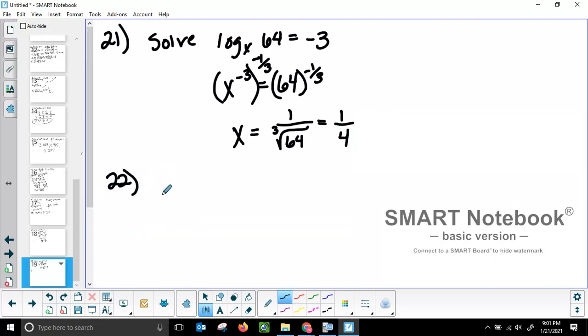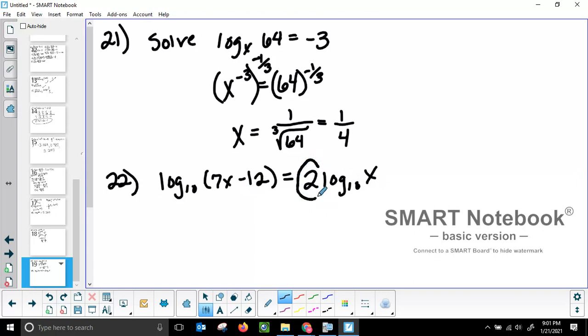22. Solve log base 10 of 7x minus 12 is equal to 2 log base 10 of x. Well, we want to use that if log base b of x equals log base b of y, then x must equal y. But before we can do that, we have to move this 2 up here as an exponent.